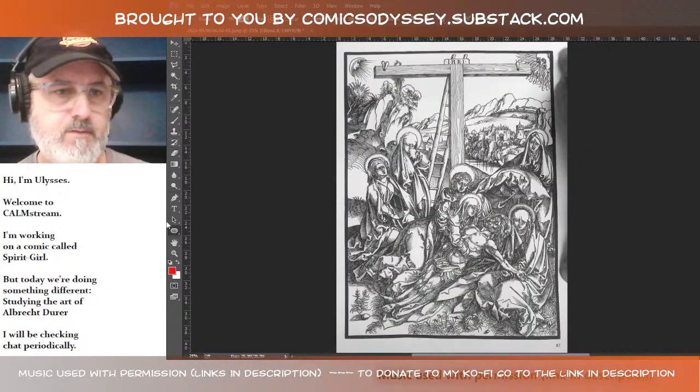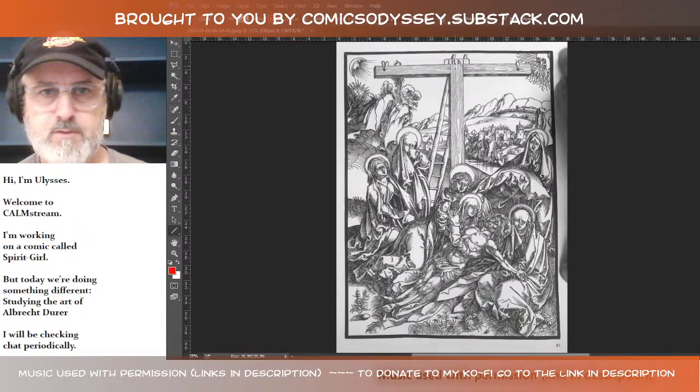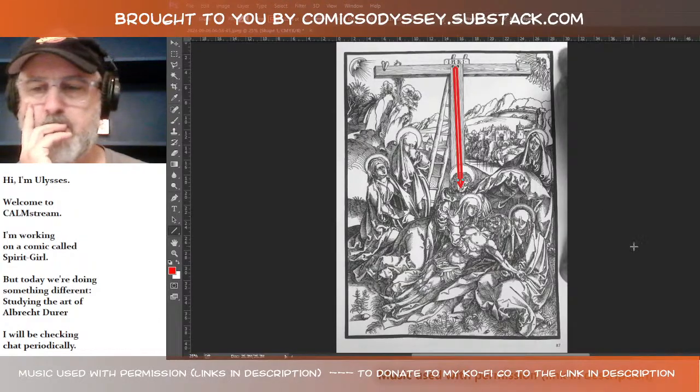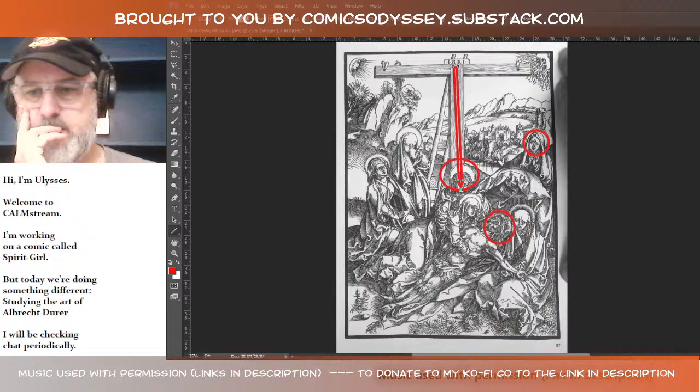Another strong line, of course, is this one here. So let's look at them all simultaneously. Find the right one here.